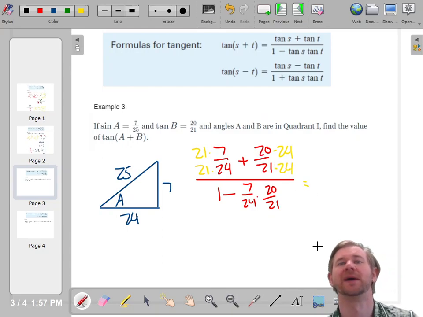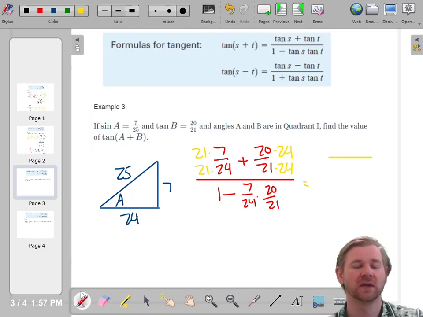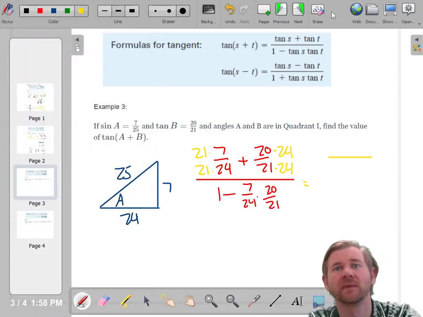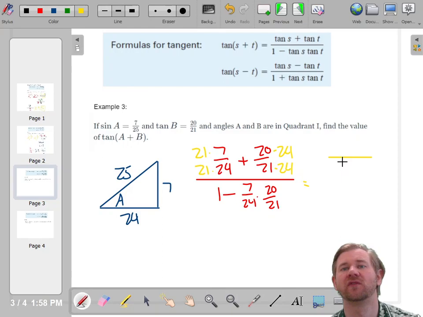Okay? So my denominator in the top is 21 times 24. So 21 times 24. 504. So I have 504 as the denominator down here.